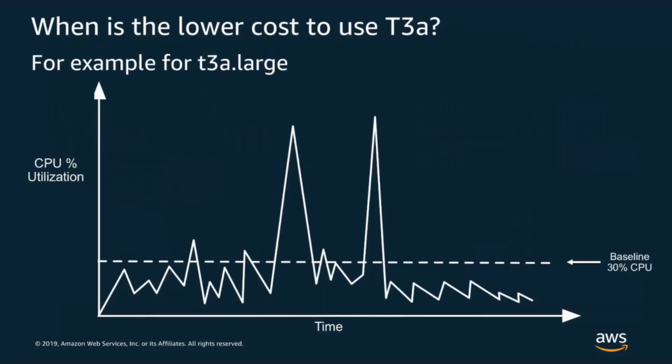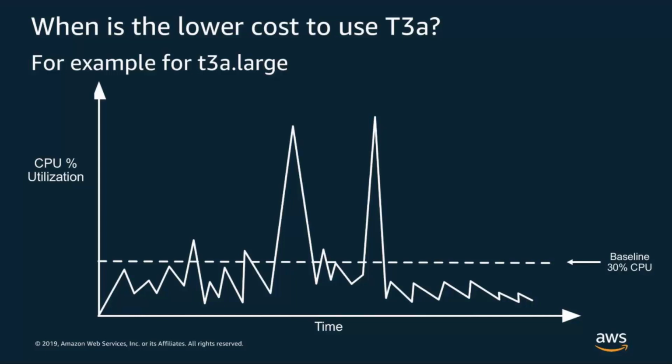So let's look at an example of when it is lower cost to use T3a. Typically, the T3a family or T3 family and the M5 and M5a families can be used interchangeably depending on how your workload CPU utilization is set. So in this example, you can see that this workload is a very spiky workload. It has some characteristics where it'll go above.